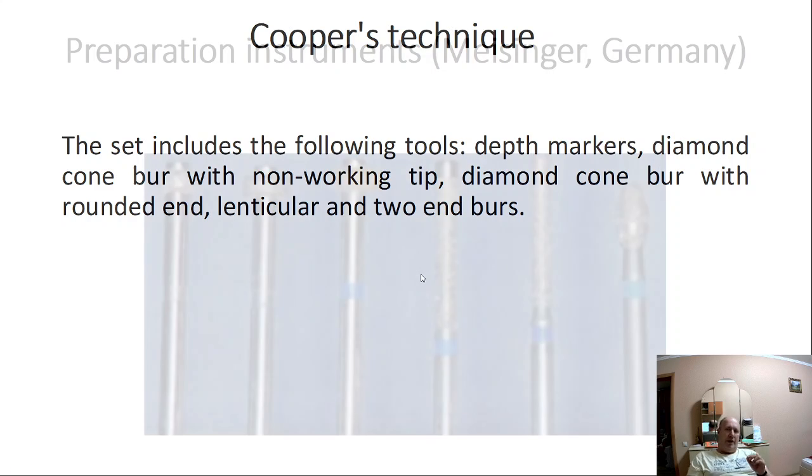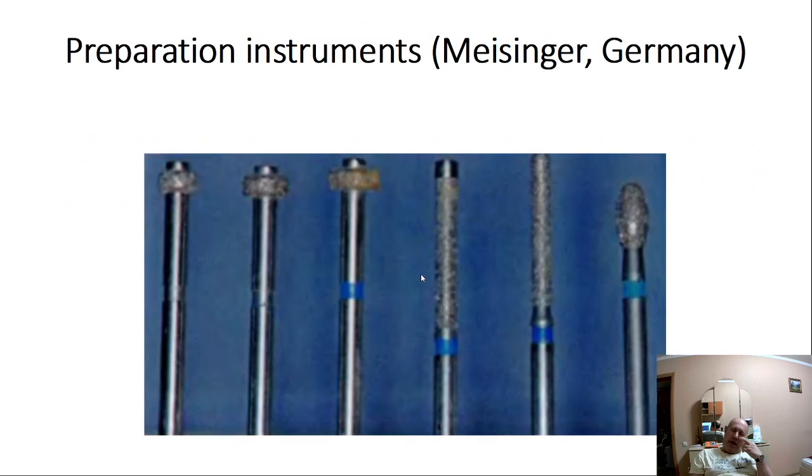And also, here's another type, and you can also use it. It's very fine, the so-called torque bore. It has a non-working part, and the working part only from this side, only one working.